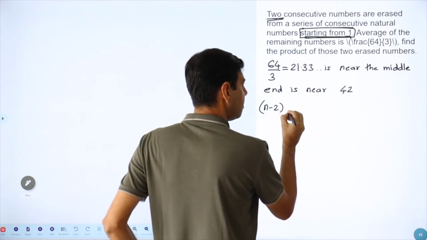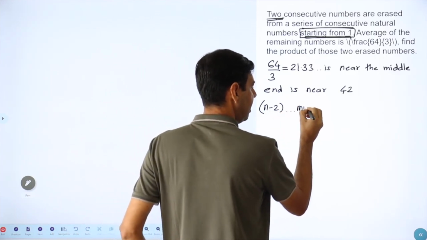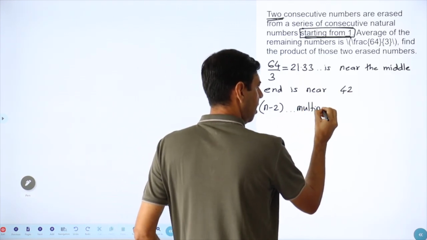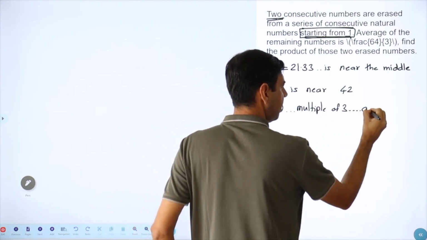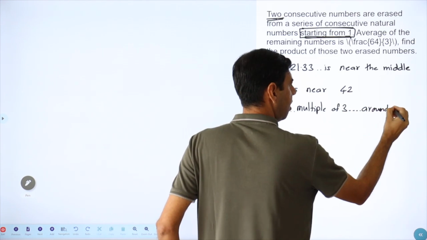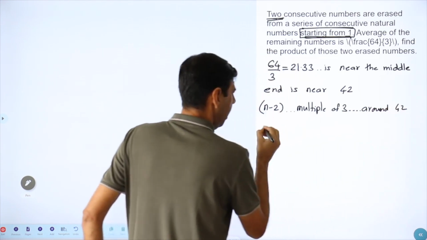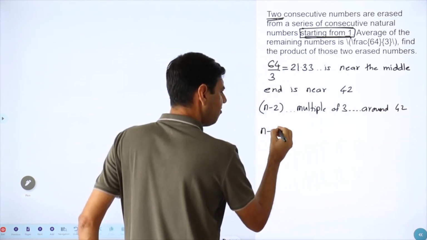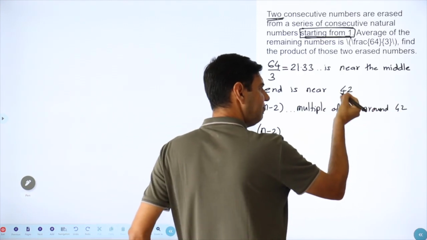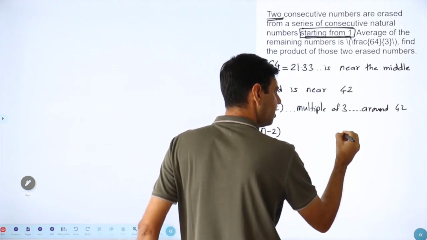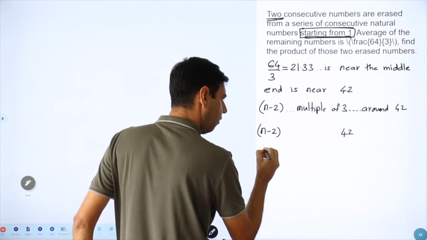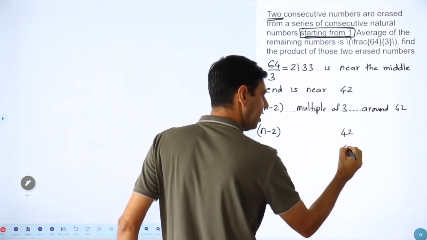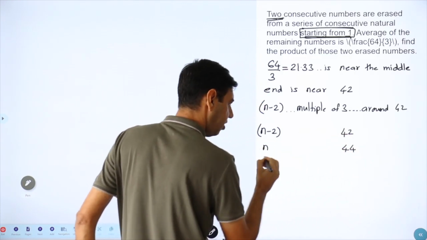So n minus 2 is a multiple of 3, and it is in the vicinity of 42. So, a simple, straightforward guess is that 42 itself is a multiple of 3. So you could say it is 42. So if n minus 2 is 42, what is n going to be? Originally, it would have been written from 1 to 44.